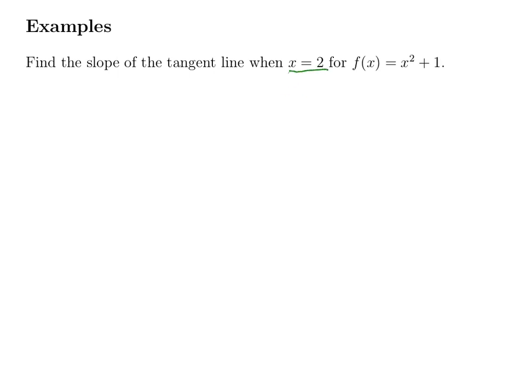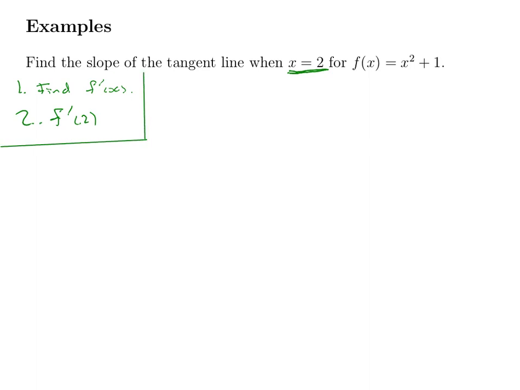We're given an x value, so first I'm going to find f prime of x, and second, I'm going to find f prime of 2 by just plugging 2 into my derivative function. Since we're left with x's when we do our derivative, we can evaluate that function at points, and then we'll get the slope of our tangent line there. So that's the general idea of what we're going for here.